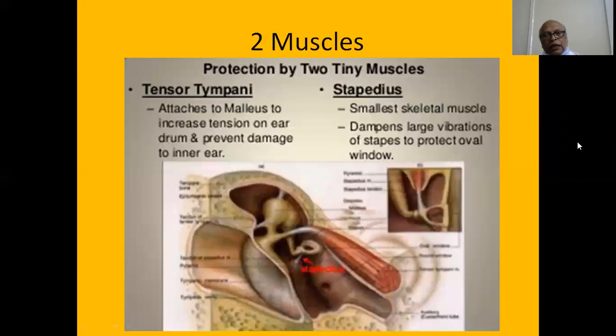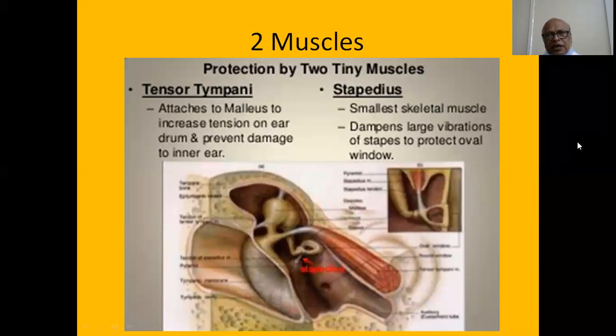Next is the posterior wall. The posterior wall has a small projection called the pyramid, from which the stapedius muscle takes origin before inserting itself into the head of the stapes. The lateral wall, obviously, contains the tympanic membrane, medial surface, along with the malleus handle, and a small nerve, that is chorda tympani nerve.